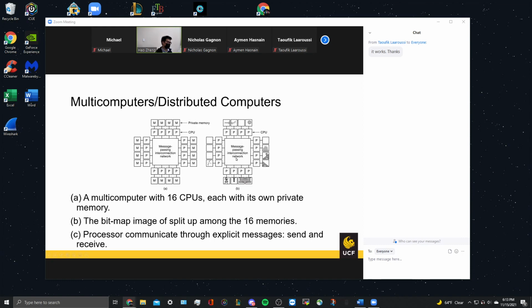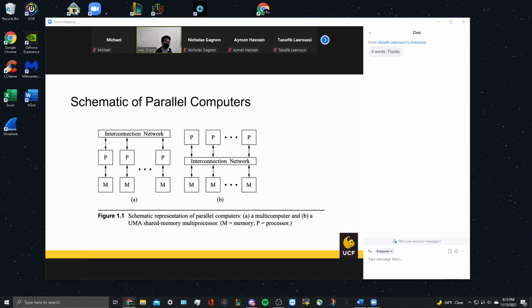Is that clear? And this schematic of the parallel computer is the same thing. All of these processors and memory modules are connected by the interconnection network. This is the key.